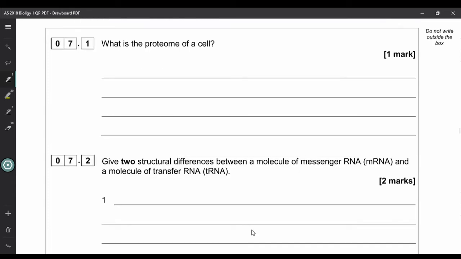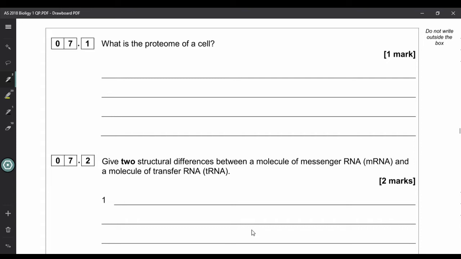Question 7 asks us what a proteome of a cell is. This is another example of the definition for this is actually in the syllabus. So it's one of those things that's very easy to highlight as you go through the syllabus and learn it. And again, looking at the marks that students gain from this question, less than 18% of students got the mark. So it's another example of something that's there in the syllabus for you to learn.